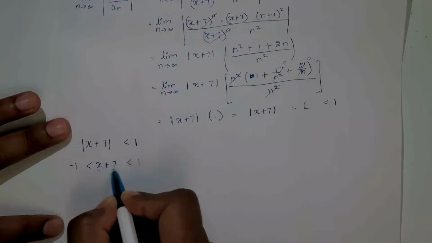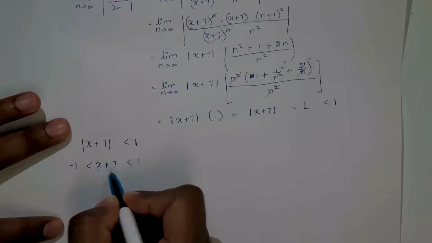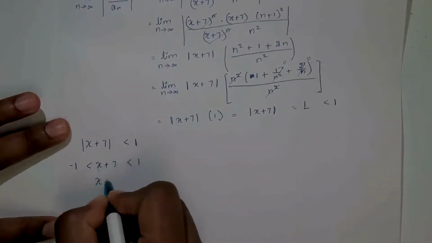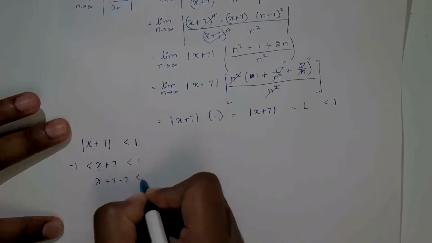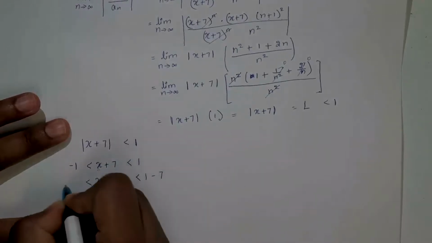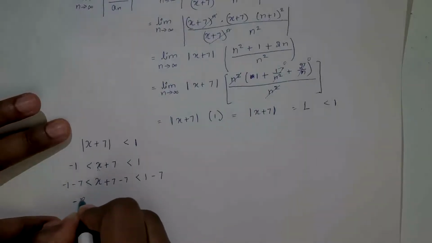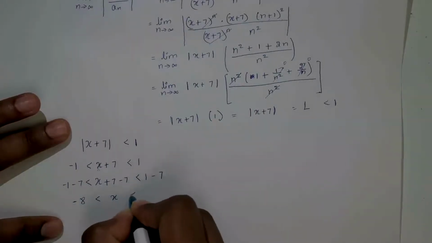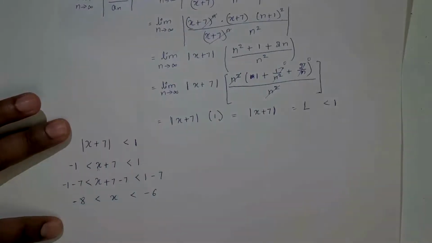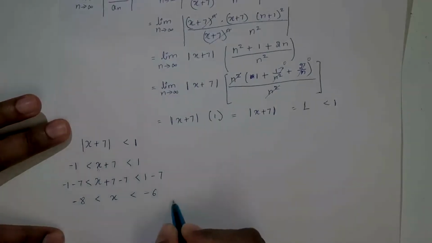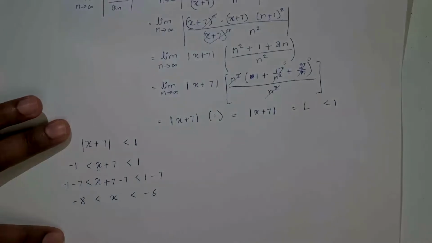At first, I have to remove the 7 here. That means I need to subtract 7 on both sides: 1 minus 7 and negative 1 minus 7. So here I get negative 8 less than x less than negative 6. That means this is the interval where the series converges.